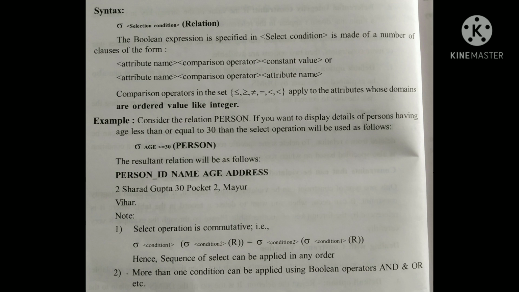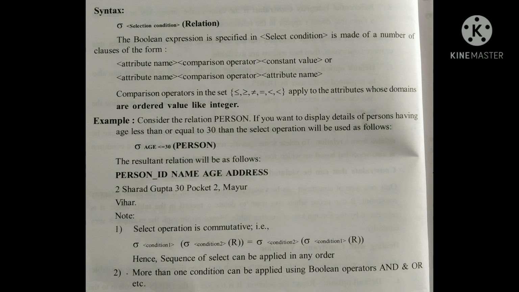The resultant relation will be as follows: person ID, name, age, address.